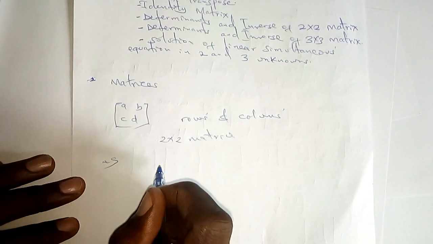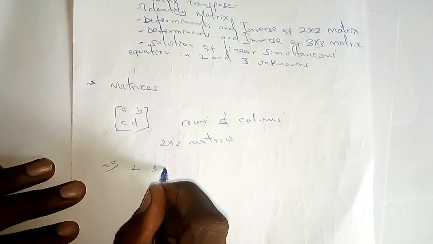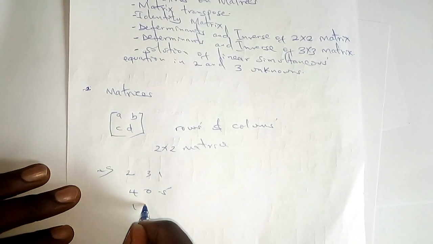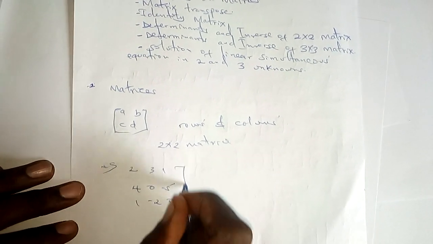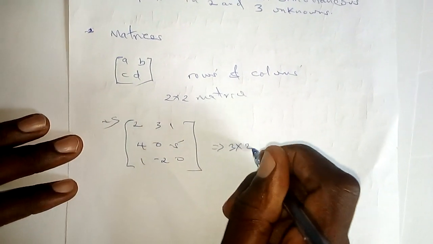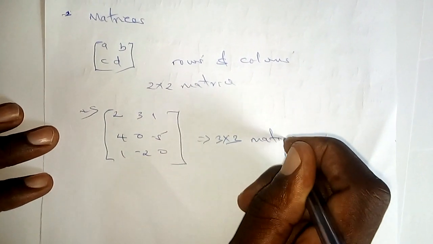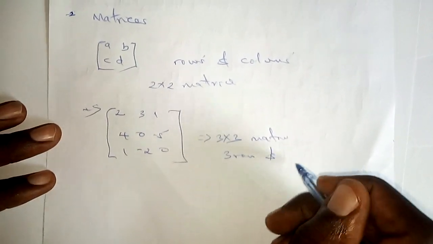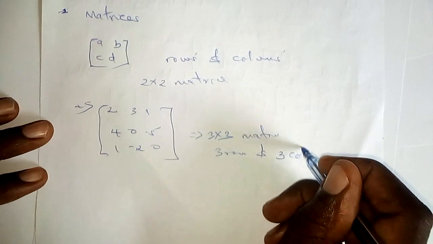Second, if given 2, 3, 1, 4, 0, negative 5, 1, negative 2, 0 in matrix brackets, this is called a 3 by 3 matrix because it has 3 rows and 3 columns.